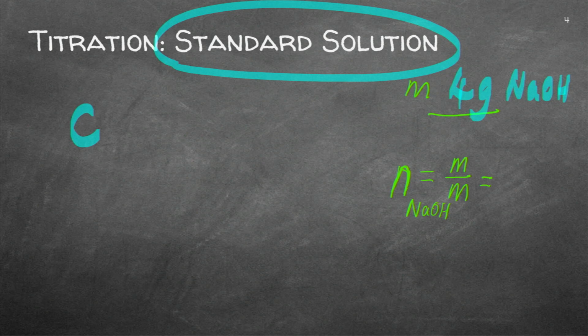We know the molar mass. Have a look at your periodic table, in your sodium block. Can you see at the bottom, just underneath the sodium, you'll find the 40. That means every mole will weigh 40 grams. I thus have 4, not 40. So this will give me a mole quantity of 0.1 mole.